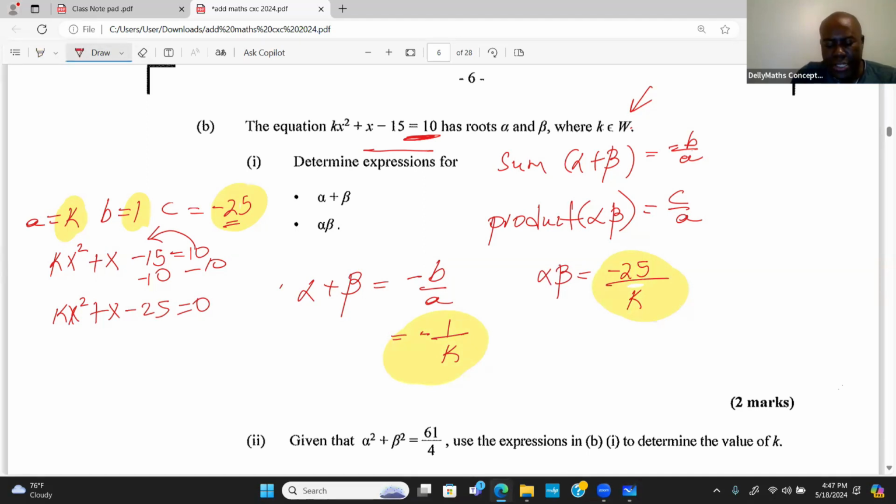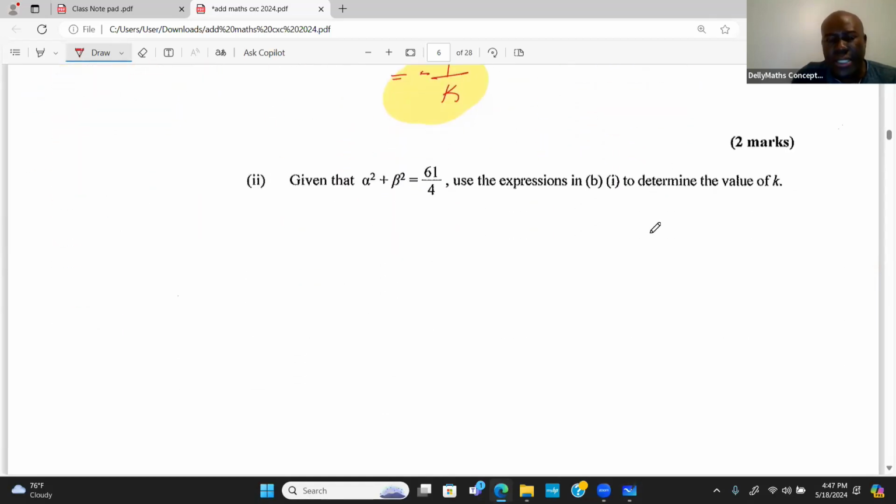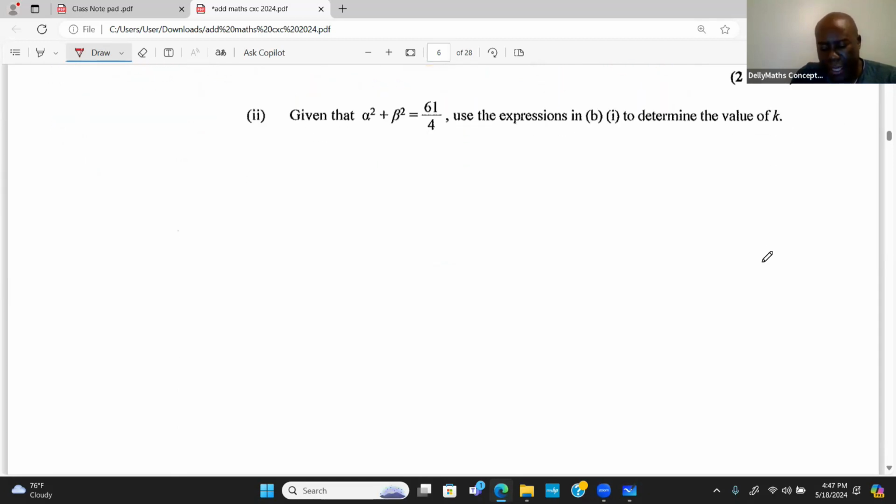All right. Now let's take a look at what else they want. As we go further in the question, it says given that alpha squared plus beta squared is equal to 61 over 4, use the expression above, which is what we just found, to determine the value of k. We need to remember the identity for this.